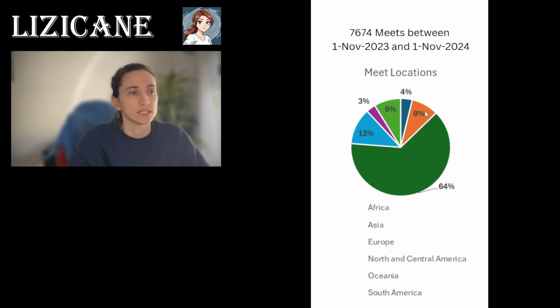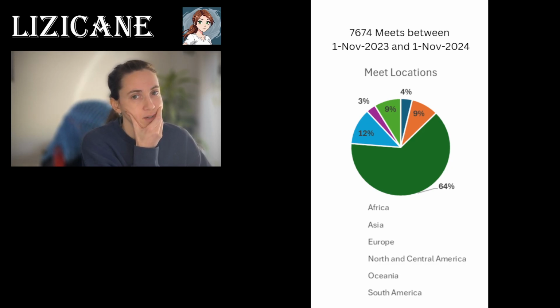There are other locations that have their tiny little slivers, but there's definitely one that is maybe a little more important than the rest. So if you had to take a guess, which one do you think is the dark green? Which one do you think is the United States? Well, by United States, I mean North and Central America. Sorry, I should use the legend titles.